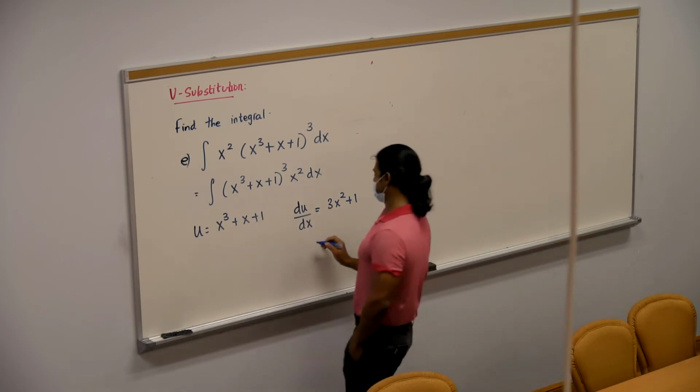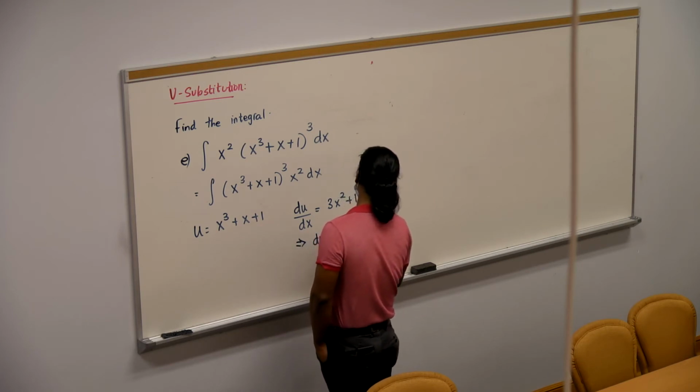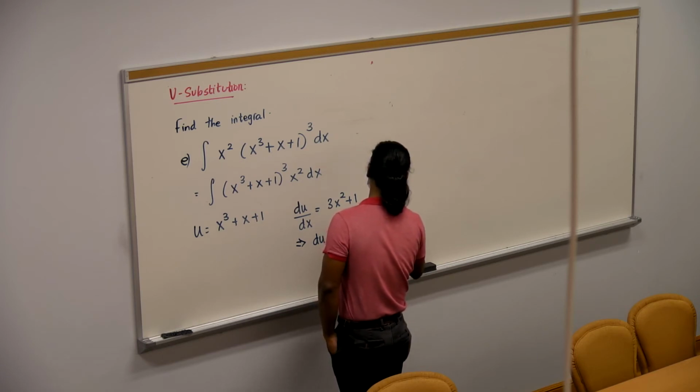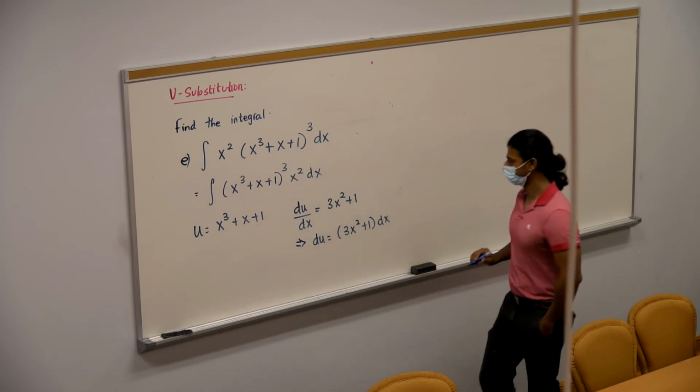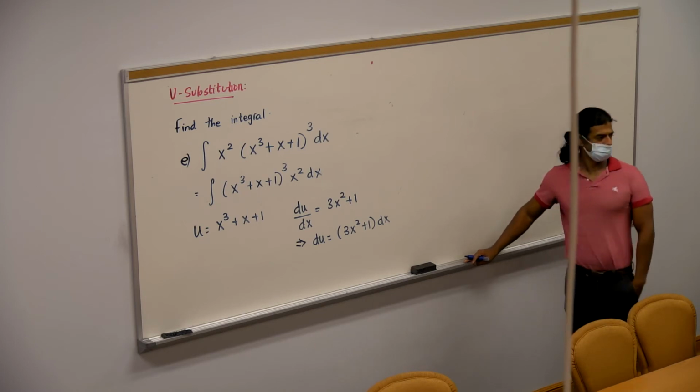If I rewrite it, I would end up getting 3x squared plus 1 times dx, correct?